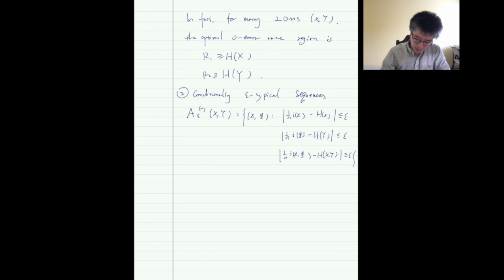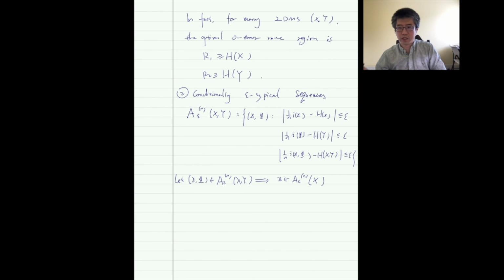Let's write it down. Let x and y be in this jointly typical set. Because of that, we can derive that x will be in the typical set of x.